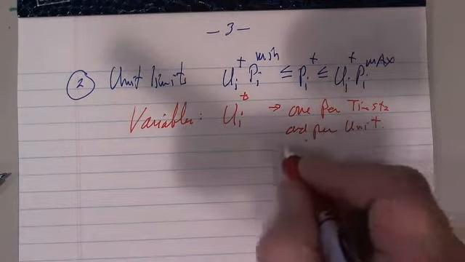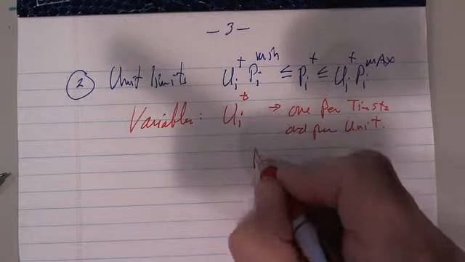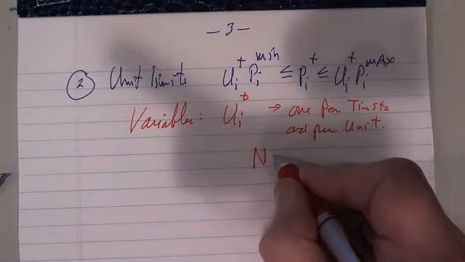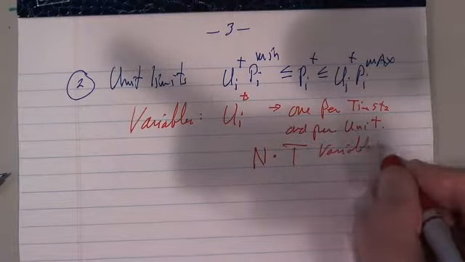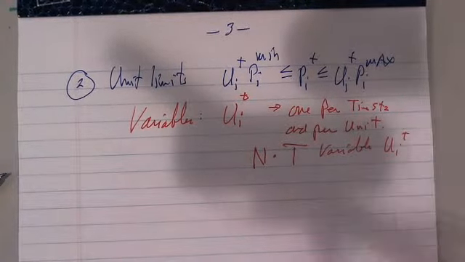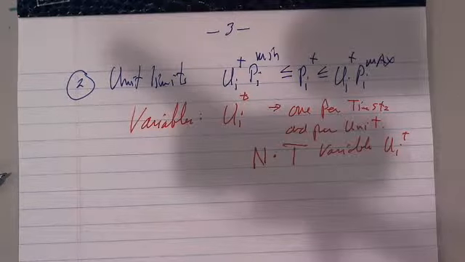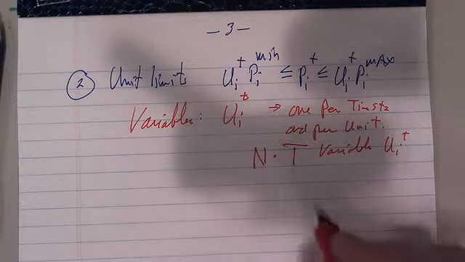So there are n, the number of generating units, times t variables Ui of T. So there's a lot of those variables.